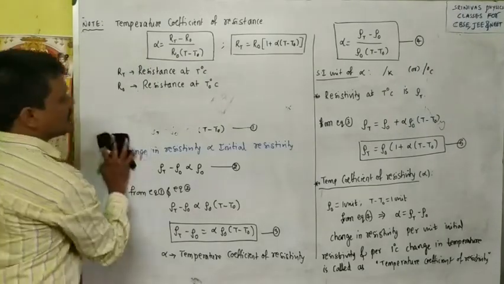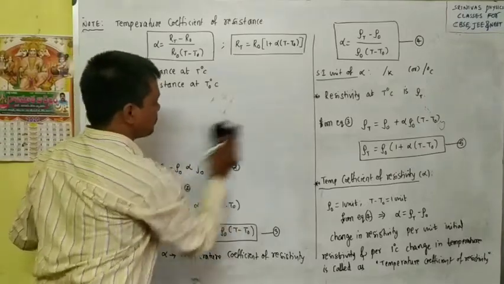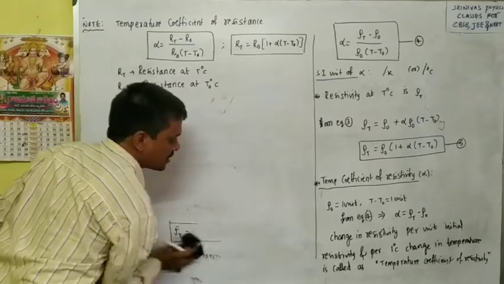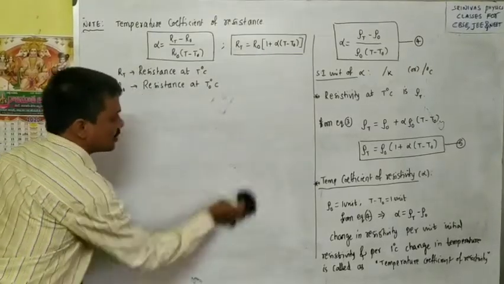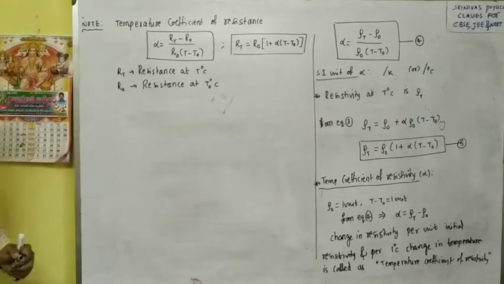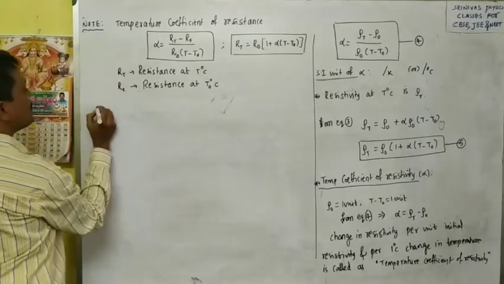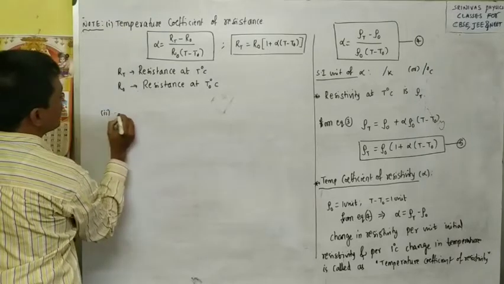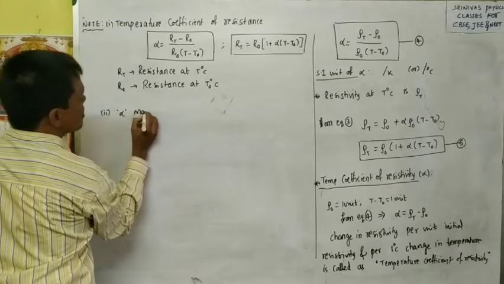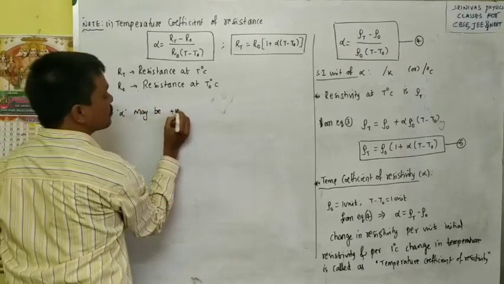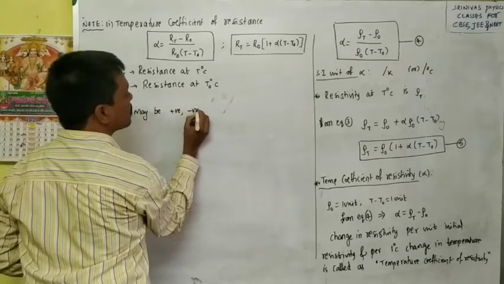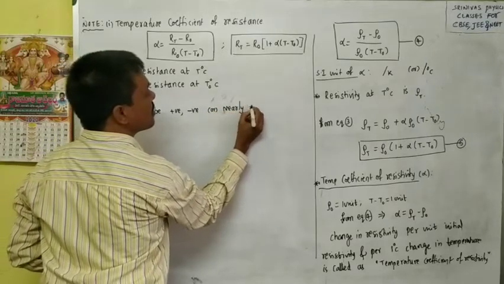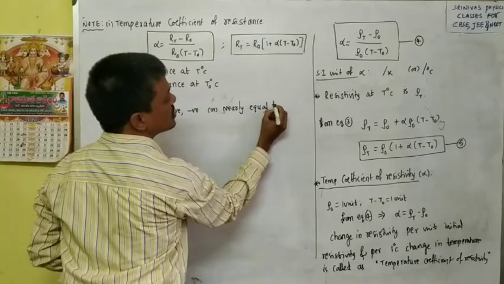Then, let us see, alpha may be positive, negative, or nearly 0 also. Now I will tell the alpha value. This is the first point. The second point I am going to tell: alpha may be positive or negative or nearly equal to 0.